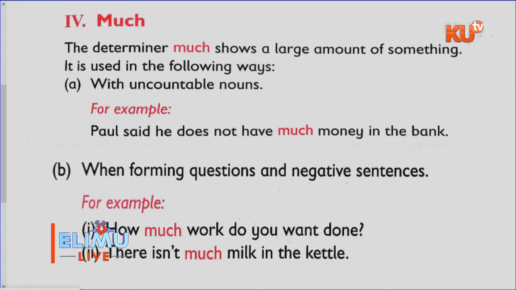Much there tells you that it's used to ask a question. How much work? There isn't much milk in the kettle. An example where it is used with uncountable nouns, because milk is uncountable. So is work. Work cannot be counted, and milk cannot be counted.